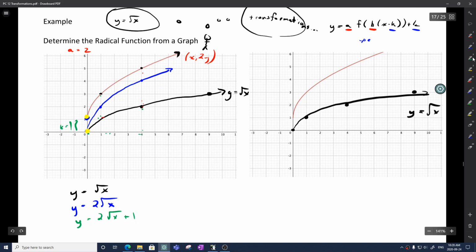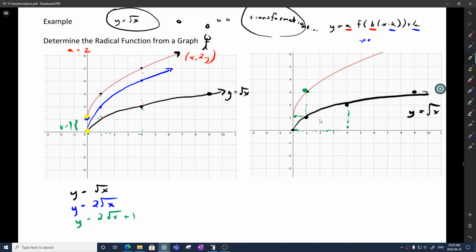Instead, what I saw was, they took this point. Now, you might have to really stretch your thinking here. It's really bizarre. Because I went over 1 unit and I went up 2. That was on the transformed graph. But on my parent function, I had to go over 4 units to go up 2. Okay, I thought about that backwards.